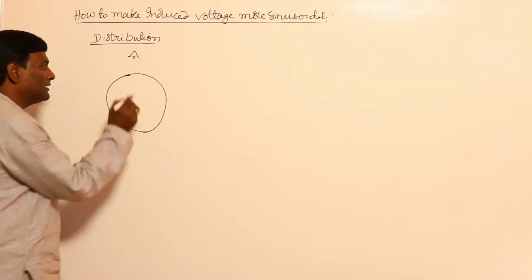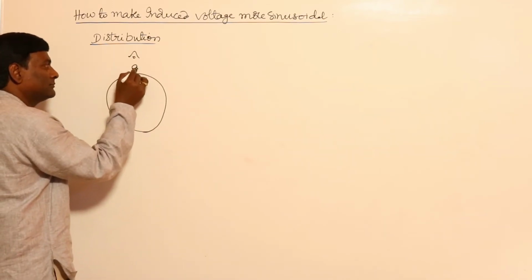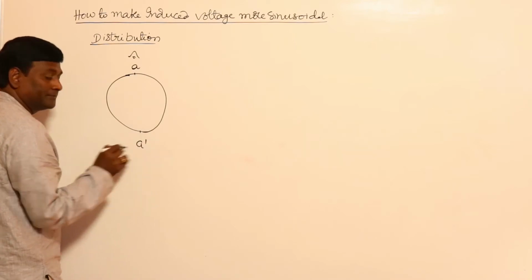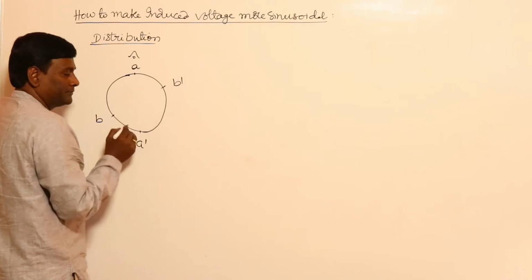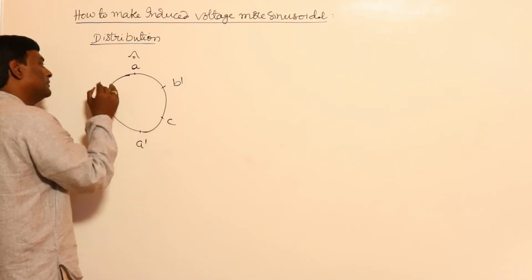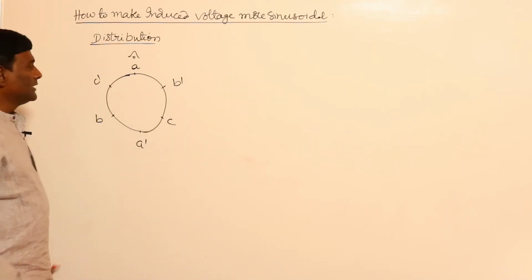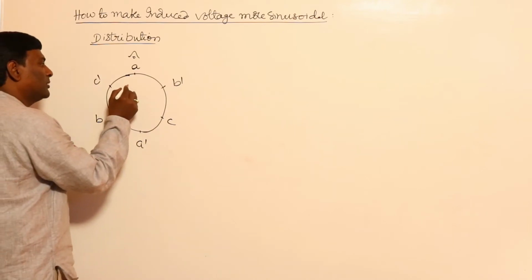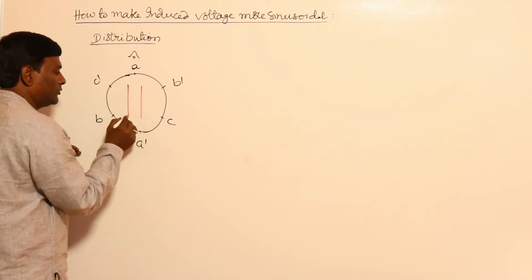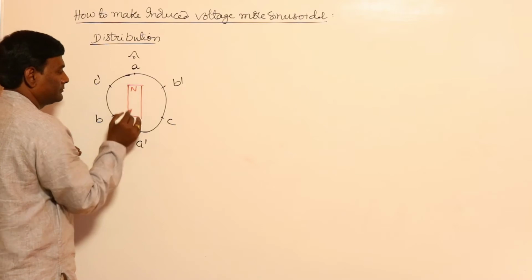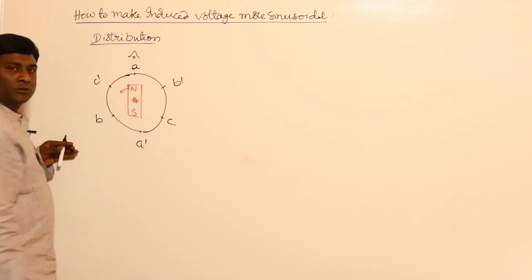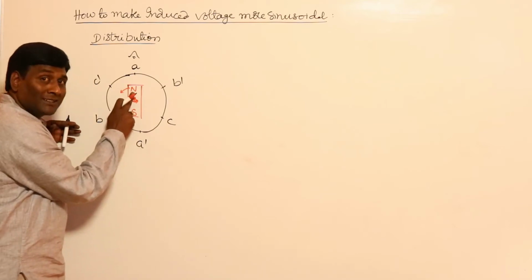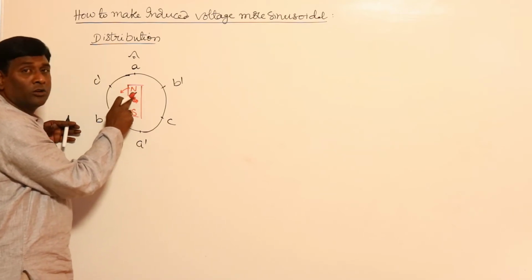In the stator, if I keep A here, I am going to keep A dash here, and B here, B dash here, and C here, C dash here, such that two poles will be formed. For example, from the field point of view, two poles are formed, and this pole flux is not sinusoidal, it is having harmonic components.